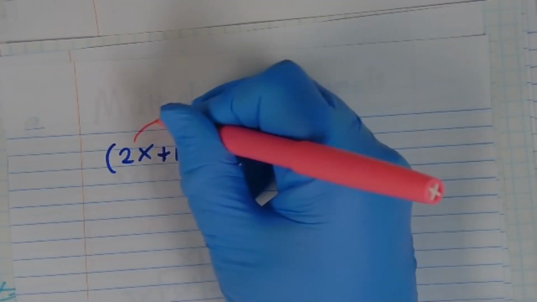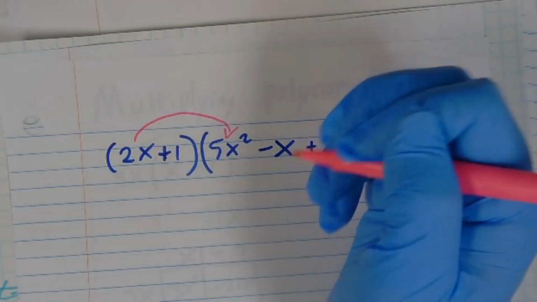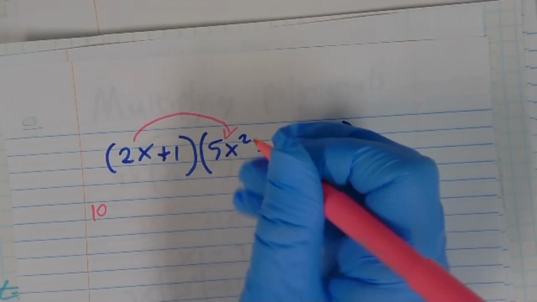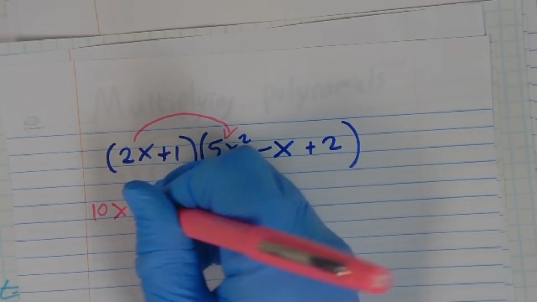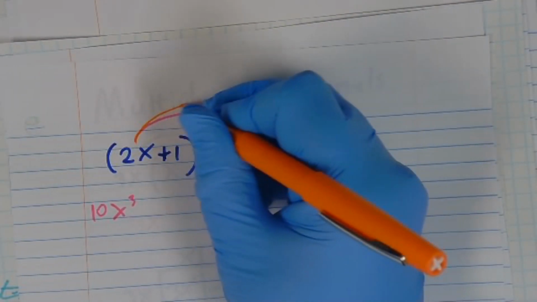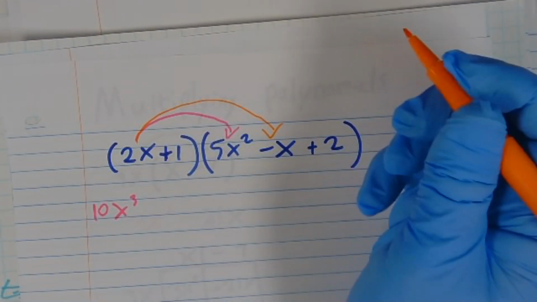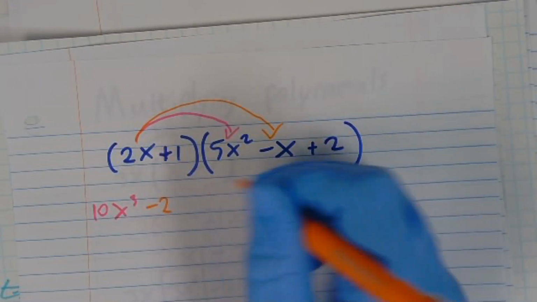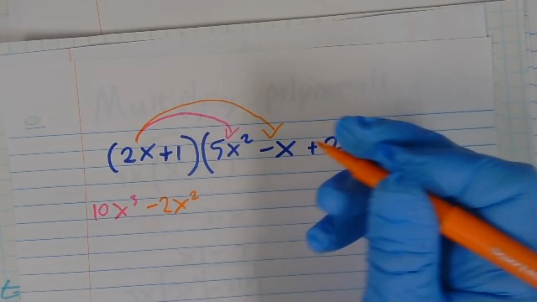I have to take that 2x and multiply it by the 5x squared. 2 times 5 is 10. X times x squared is x to the third. Now I have to take that 2x and multiply it by negative x. So that'll be negative 2x times x is x squared.